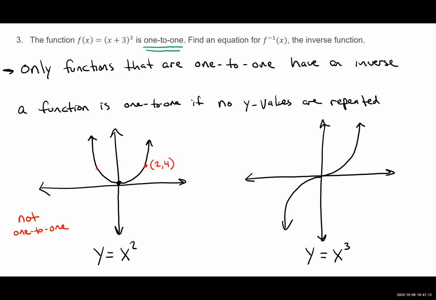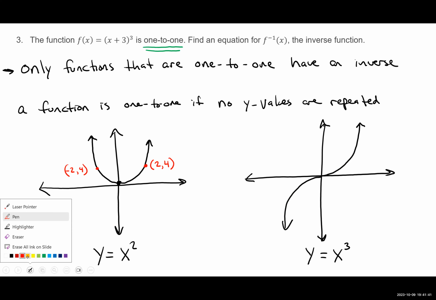Also, if you plug in an x value of -2, you get the same y value of 4. So the y value of 4 is repeated twice, and actually infinitely many y values are repeated twice. The graph of x cubed has no repeated y values.